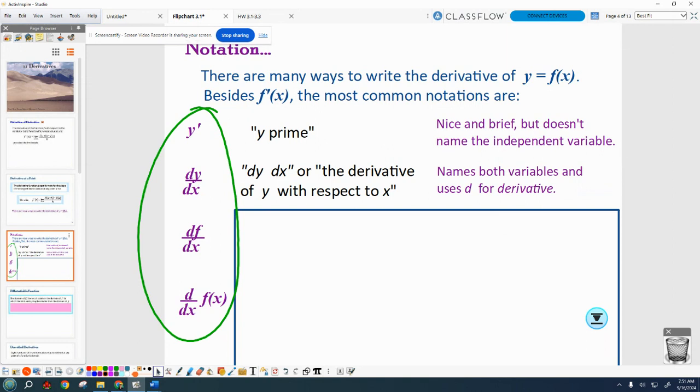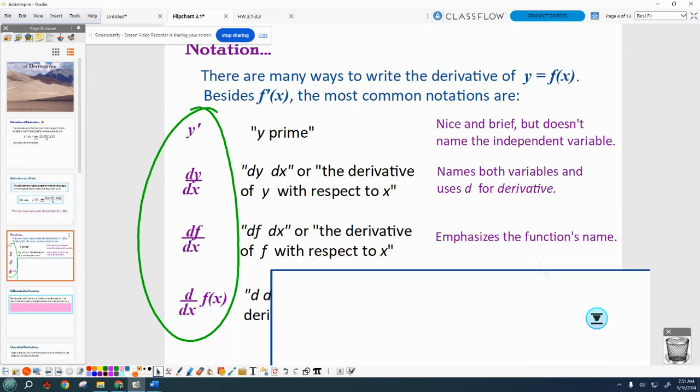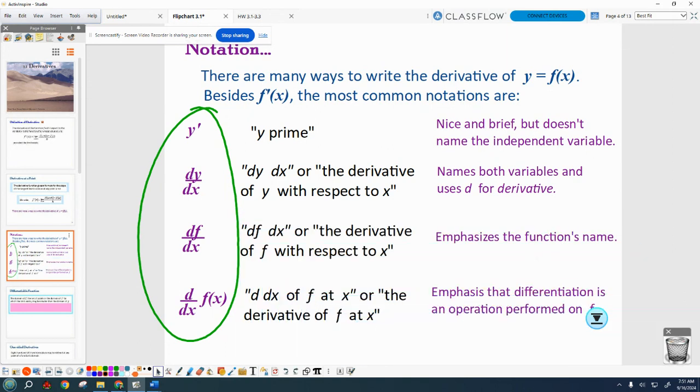It's not a dy, it's not a dx, it's dA dr. The other two could name the function, or actually plug the function in, like that's saying what is the derivative, or the rate of change, of sine with respect to x. Mostly I need you to understand the notation and not be surprised by it, and know that it means do the derivative, instead of writing down all of the words.